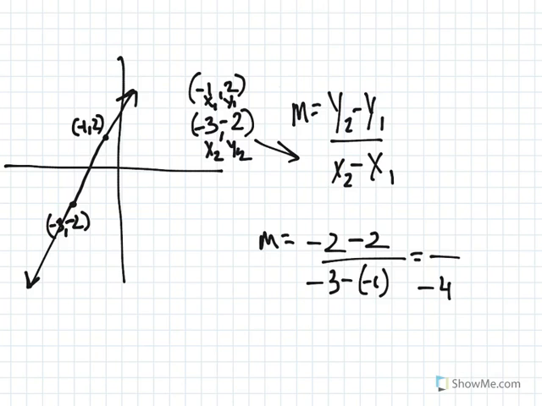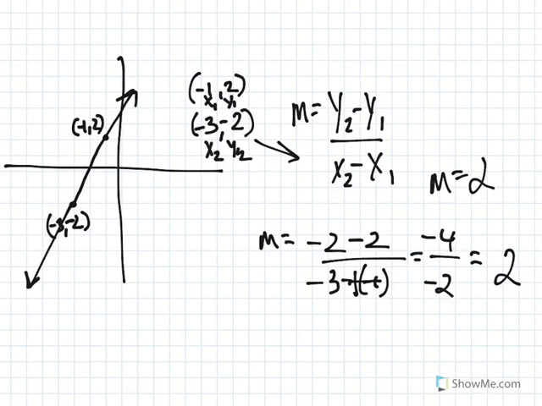And I get negative 4 as my numerator. Negative 2 is my denominator. And negative 4 divided by negative 2 gives me a positive 2. So we see that our slope equals 2.